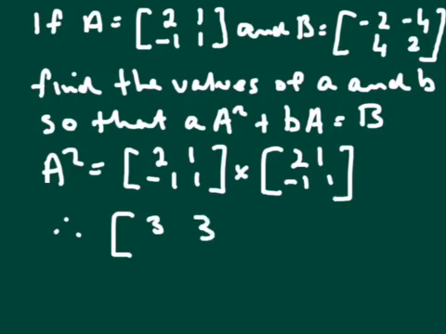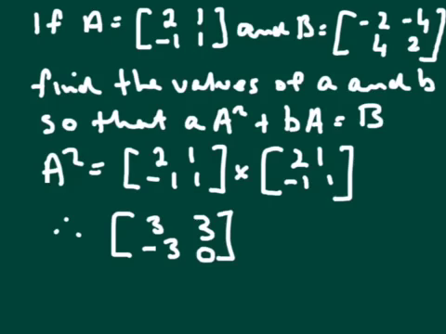And then the second row, we go -1 times 2 is -2 plus 1 times -1, so it's -3. And finally we get -1 times 1 is -1 plus 1 times 1 is 0, like so. Okay, so that's A squared, isn't it?